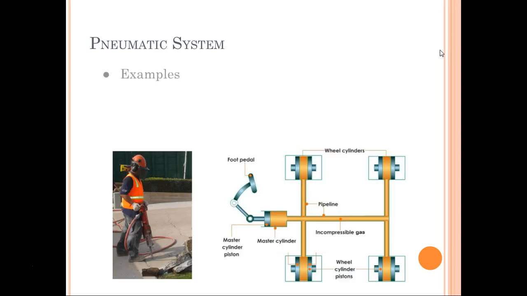ABS brakes. Okay, jackhammers. You can hear the gas being released as a jackhammer is acting. Dentist drills. A nail gun, that's a really good example.